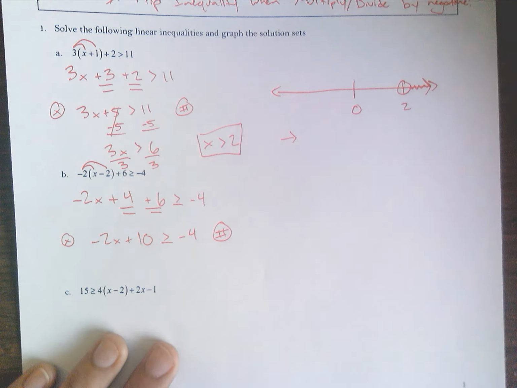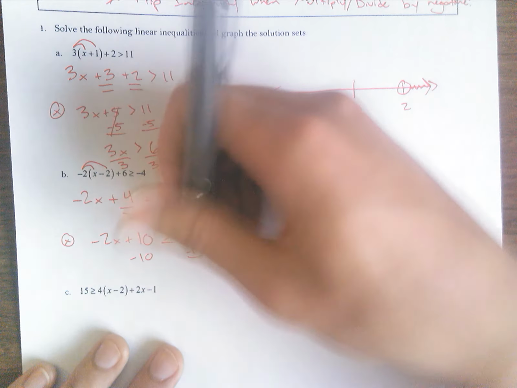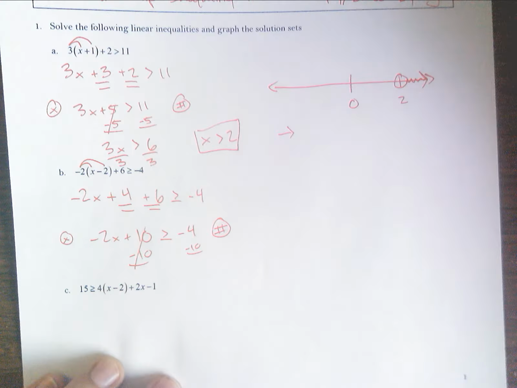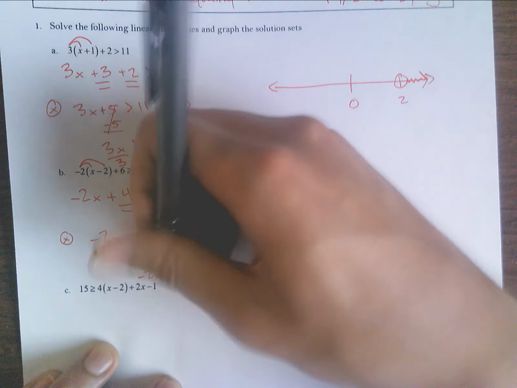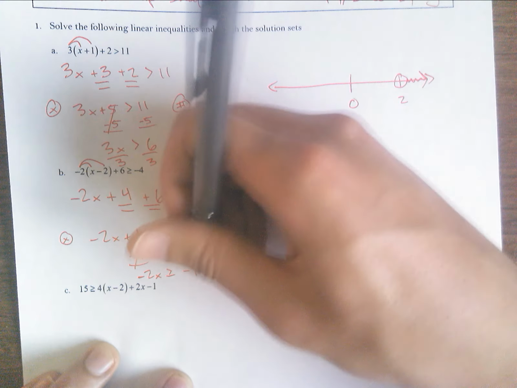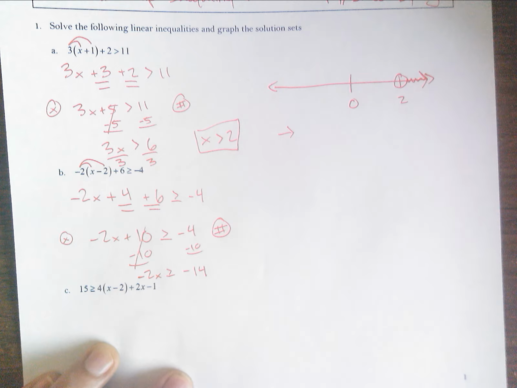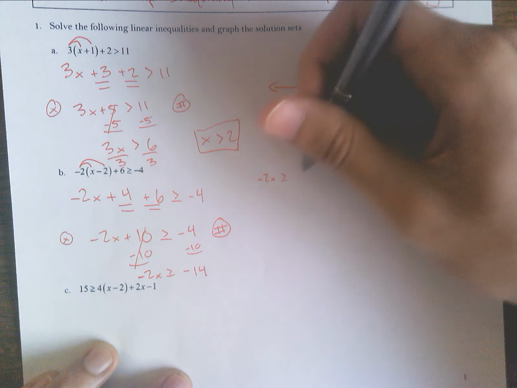So we got to move that 10 to the other side. So we'll subtract 10. On the left-hand side, we have negative 2x is greater than or equal to negative 4 minus 10 is negative 14. I'm running out of space, so I'll write that up here. Negative 2x is greater than or equal to negative 14.